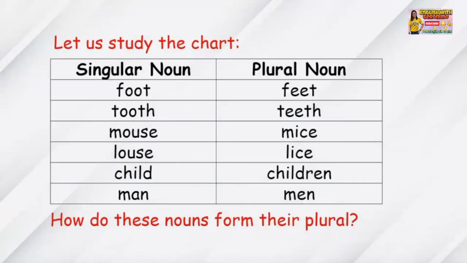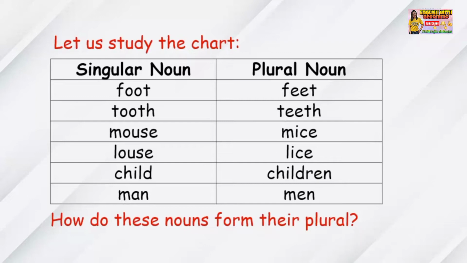Now let us study the chart. The first column are nouns in singular form, and the second column are nouns in plural form. How do these nouns form their plural?